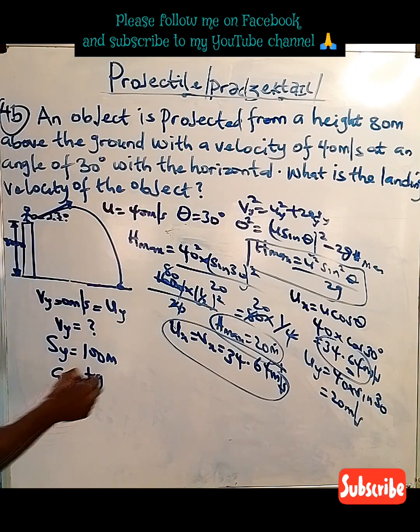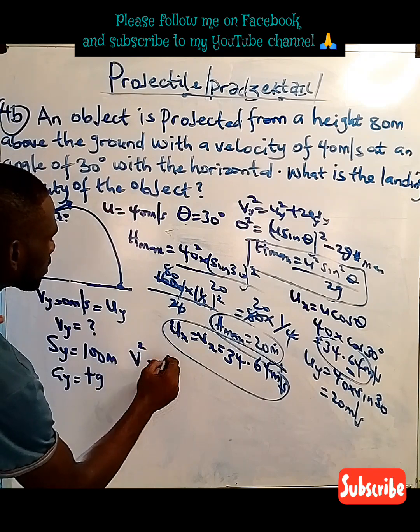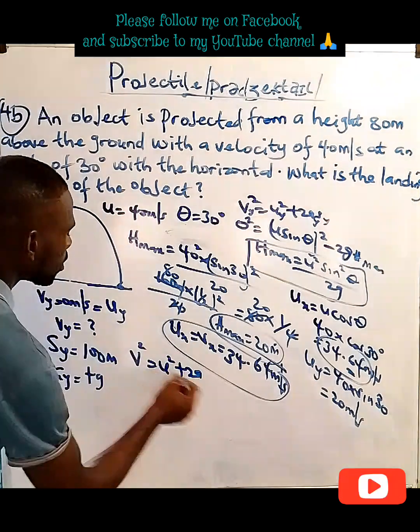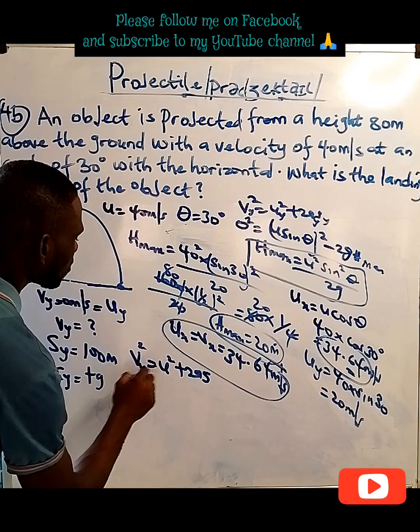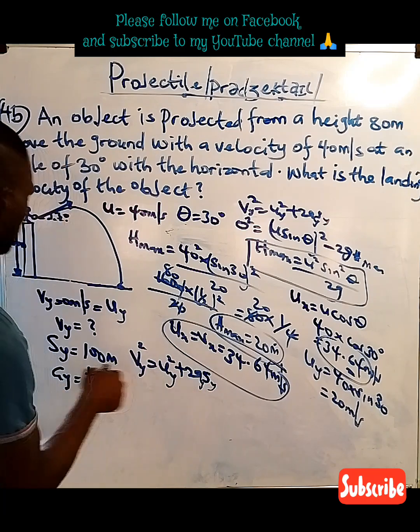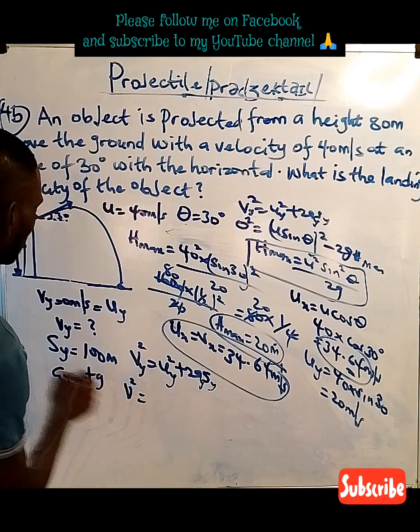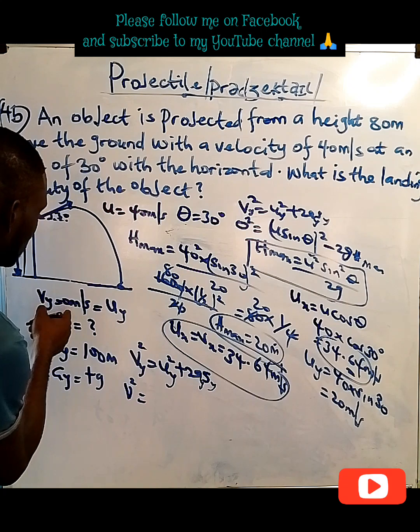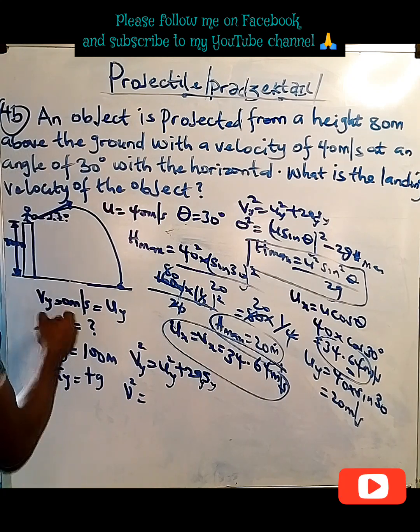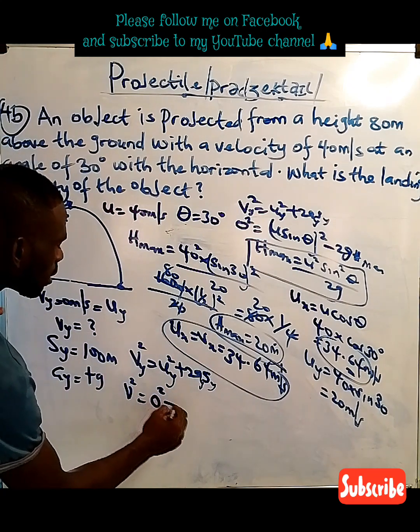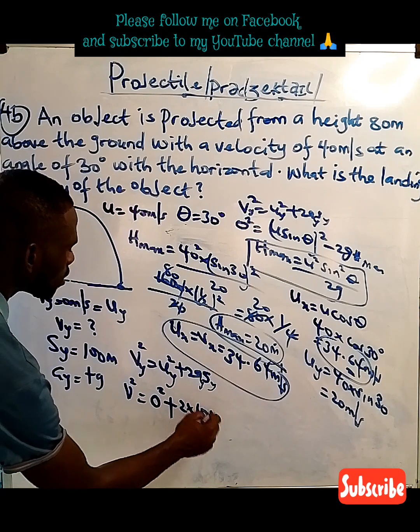So quickly, we're going to use our v squared equals u squared plus 2gs, everything along the y-axis. The final velocity is what we're looking for, v squared. The initial speed we have now, which was the final speed, is 0, squared, plus 2 times 10, gravity, times distance.